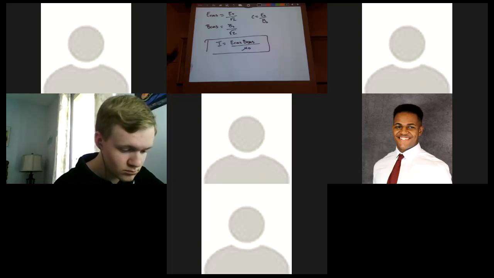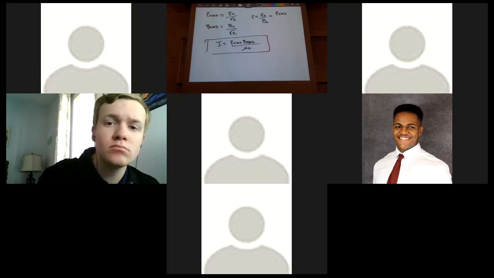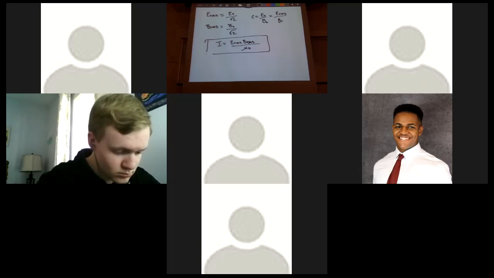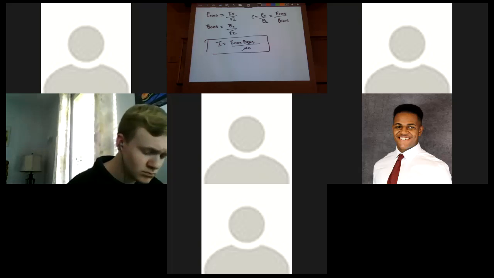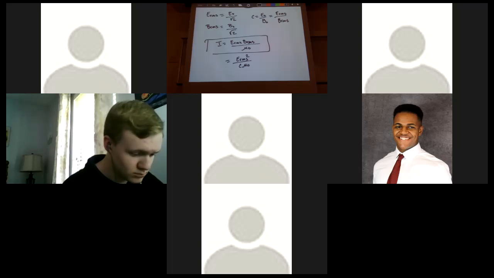Which also means that if I divide that one by square root of 2 and I divide that one by square root of 2, this is also equal to the ratio of the RMS value of the electric field to that of the magnetic field. These things are the same as well. So another way we can write this is as E_RMS squared divided by c times mu naught.